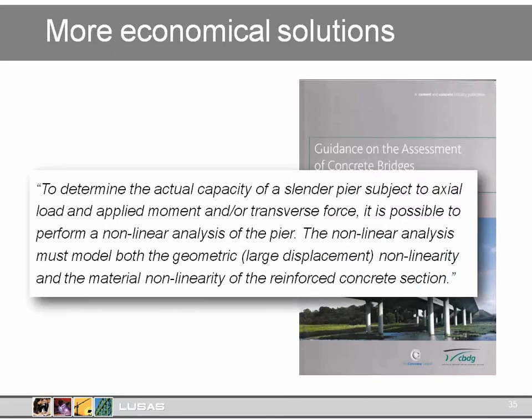The Concrete Bridge Development Group says, to determine the actual capacity of a slender pier subject to axial load and applied moment and/or transverse force, it is possible to perform a nonlinear analysis of the pier. The nonlinear analysis must model both the geometric, large displacement nonlinearity, and the material nonlinearity of the reinforced concrete section.